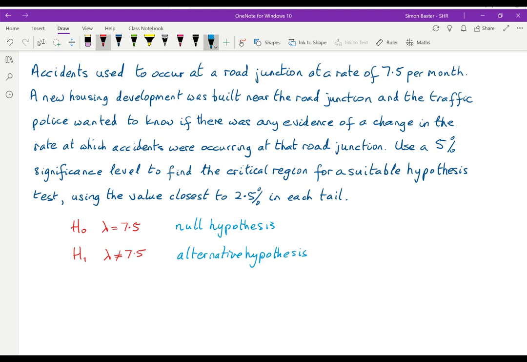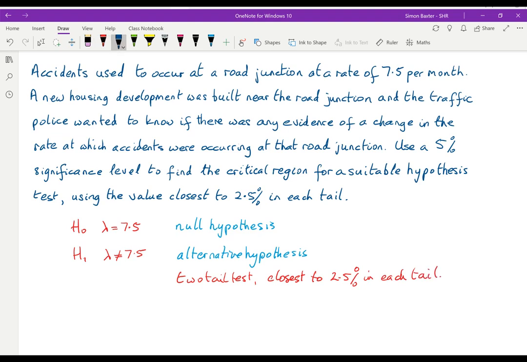We are looking for a two-tail test, and we want the closest to 2.5% in each tail.